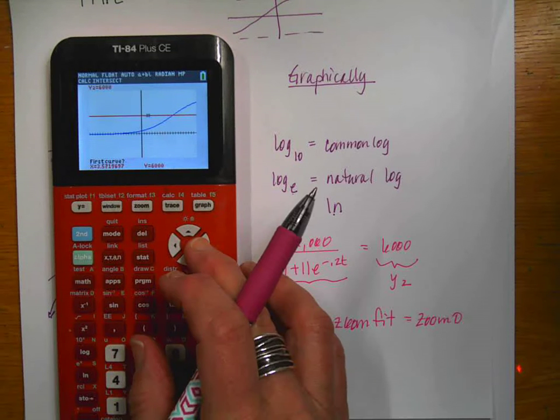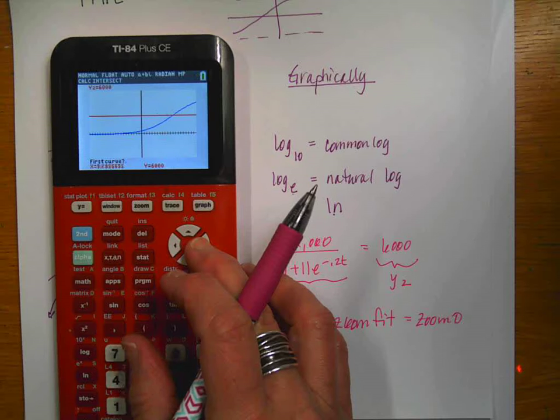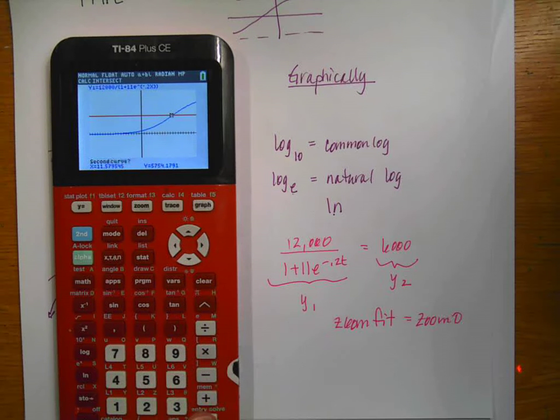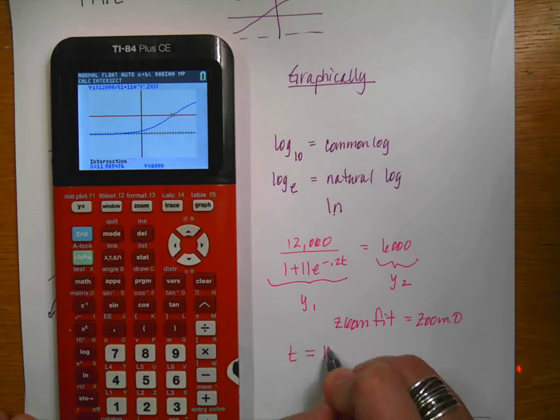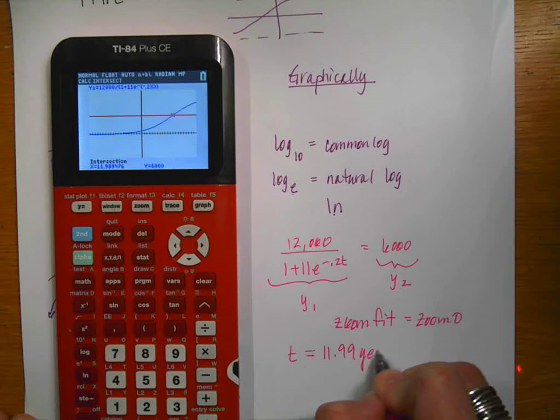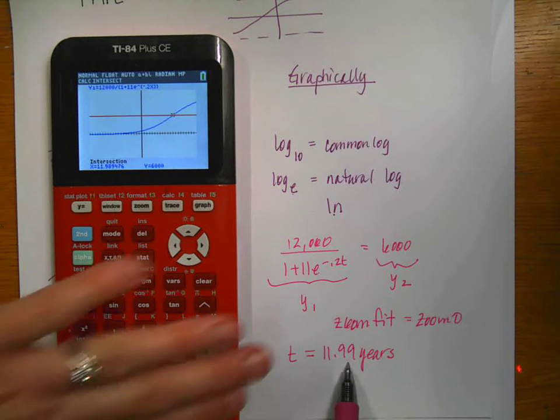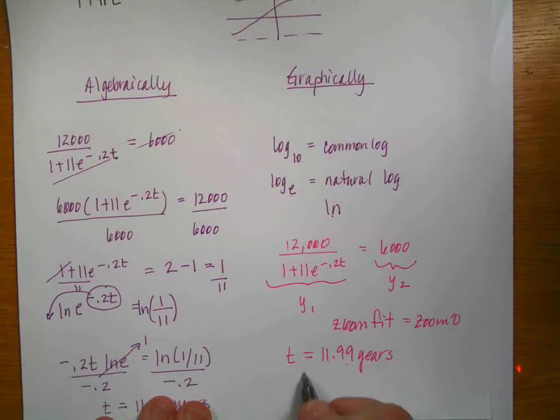So second, calculate, 5 for intersect. And I am going to trace a straight line because the shortest distance between two points is a straight line. Enter, enter, enter, and there is my answer: 11.97 years. So my time is equal to 11.99 years when I round that number.